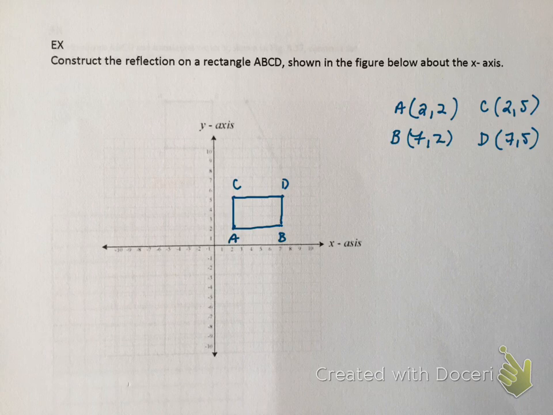Remember, I'm reflecting about the x-axis. So if I'm looking at this, I have the x-axis here, and I'm going to reflect about it. You have two choices. One way is to count how many units away from the x-axis each point is and draw in the new point.